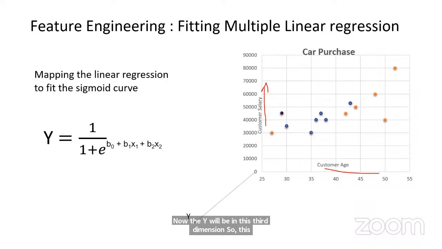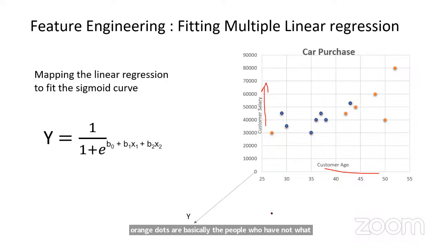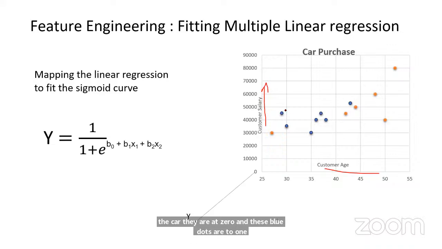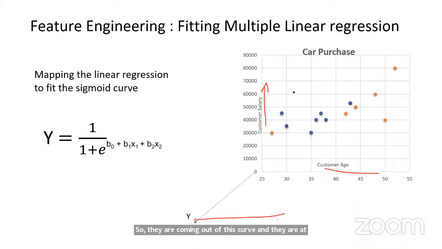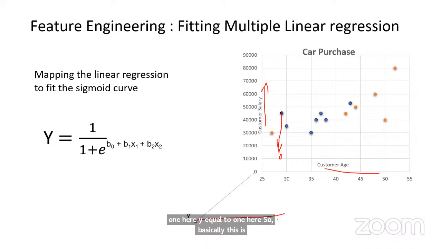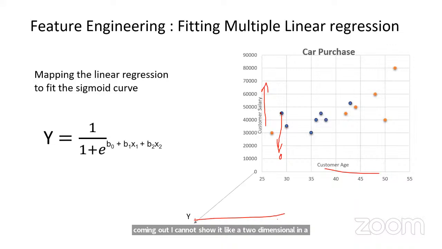And these blue dots are at y equal to 1. So they are coming out of this curve. I cannot show it in a 2 dimensional curve. Basically it is coming out of the screen.